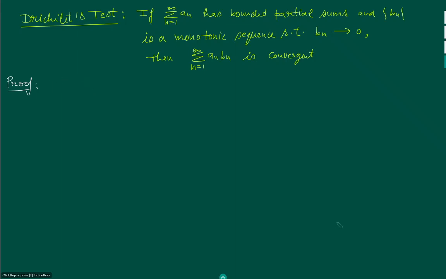So if a series has bounded partial sums and you have a monotonic sequence which converges to 0, then the series summation An Bn is also convergent. How do we prove this?